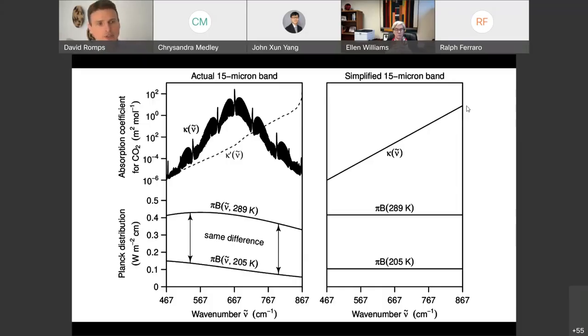If I look at this kappa, what we see is that for each equal sized interval of wave numbers, I have the same sized interval of log kappa that corresponds to that set of wave numbers. So what this tells us is that the wave numbers in the 15 micron band, whether I resort them or not, are distributed uniformly on an interval of log kappa, an interval that you can see by looking at the y-axis here.